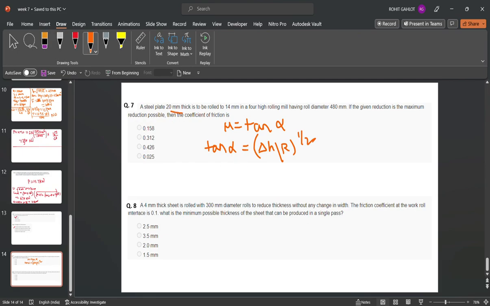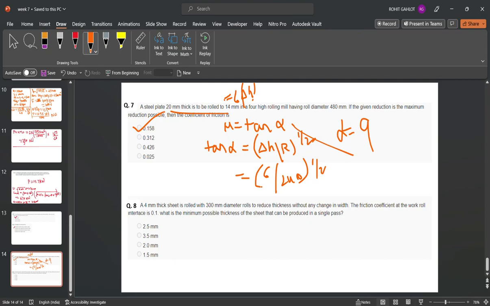By solving this, delta h will be 20 minus 14, so 6 will be your delta h. So this can be written as 6 by R, which is 240 mm, to the power half. And then from here we will get alpha as 9, so then put it in here and you will get the answer.